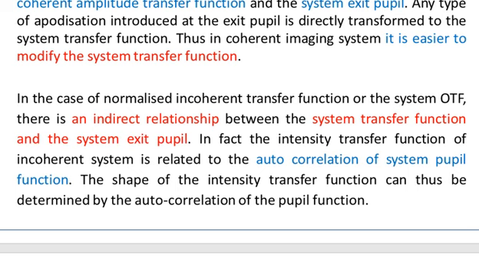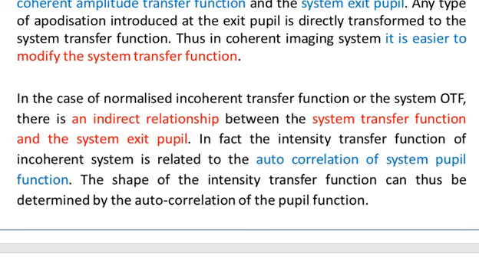Now you know that in the case of the normalized incoherent transfer function, or the system optical transfer function, look at the word we are using, normalized. The optical transfer function is actually the normalized incoherent transfer function. There is an indirect relationship. In the coherent case it is direct, but in the incoherent case there is an indirect relationship between the system transfer function and the system exit pupil.